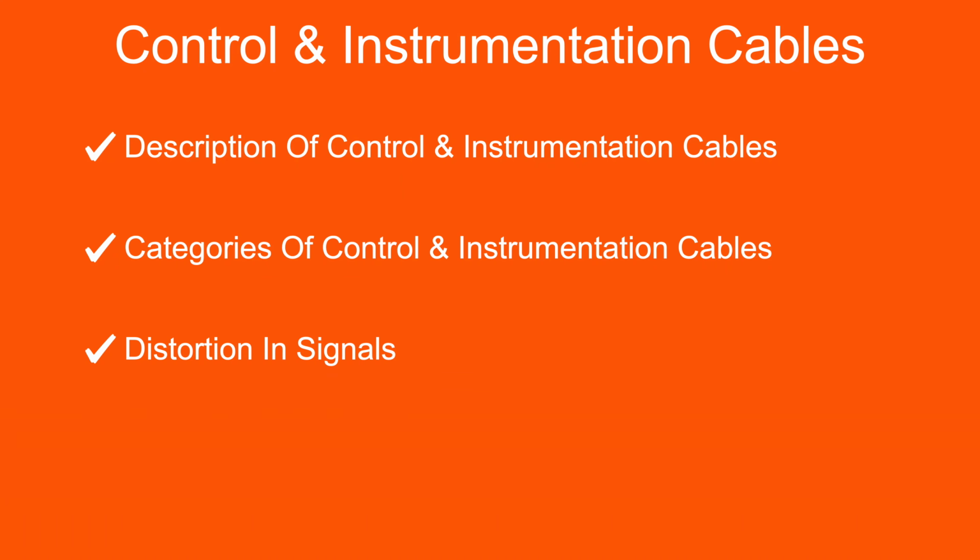Control and instrumentation cables are multiple conductor cables, or you can say multi-core cables, that convey low energy electrical signals used for monitoring or controlling electric power systems and their associated processes.